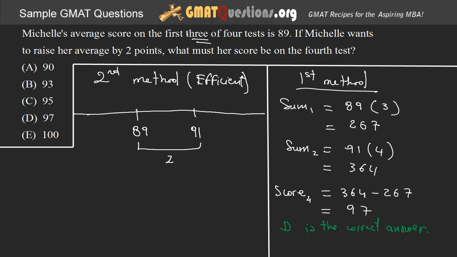So what we're going to do, we have 3 here. We're going to multiply this 3, the original number of scores, by 2, and this is going to give us 6. So remember that. We are taking the difference between the latest average and the old average, we find the difference between the two, and we multiply it by the number of scores.